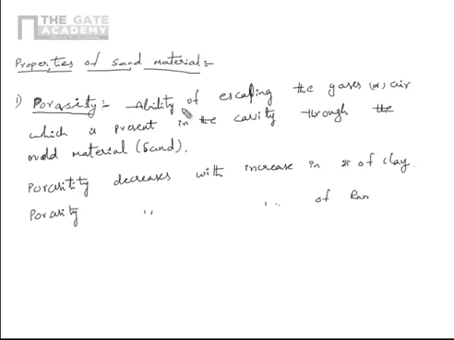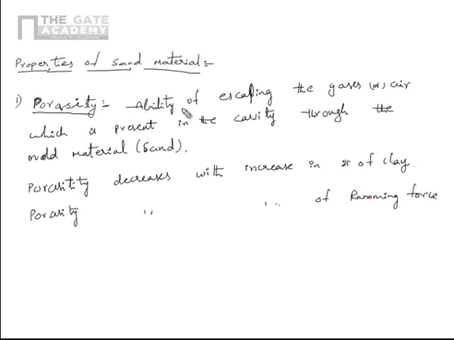Porosity also decreases with increase of ramming force. Why do we need to do ramming? Ramming helps us to increase the bonding strength between the sand particles. After pouring the sand, we apply external force such that it holds properly.